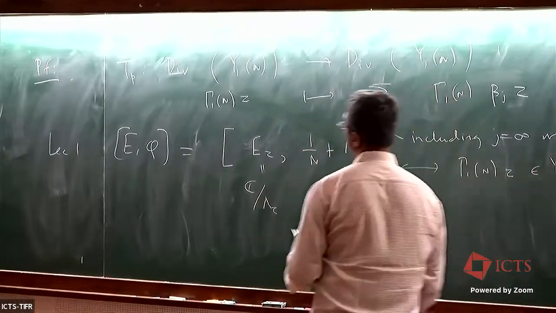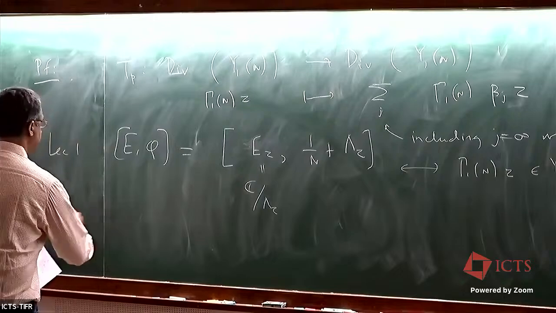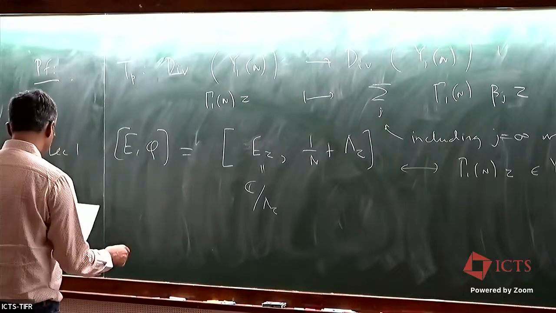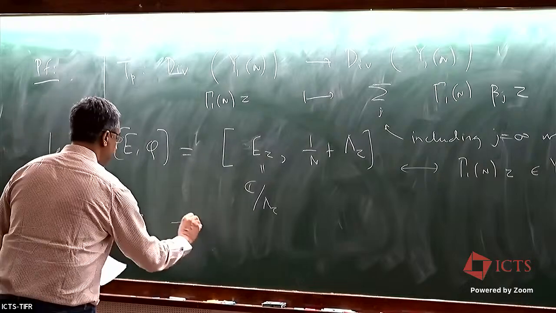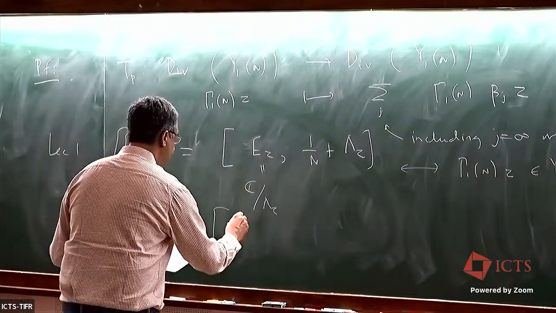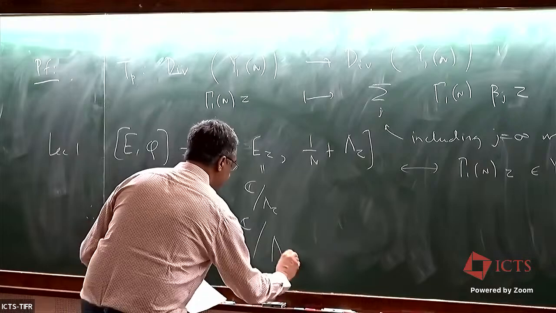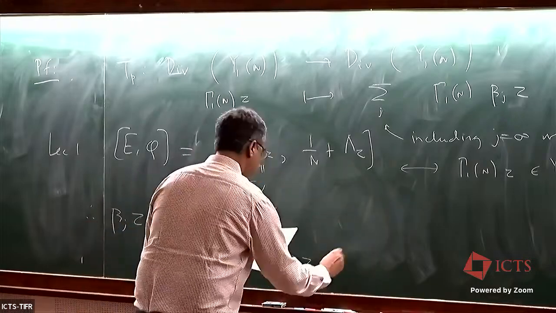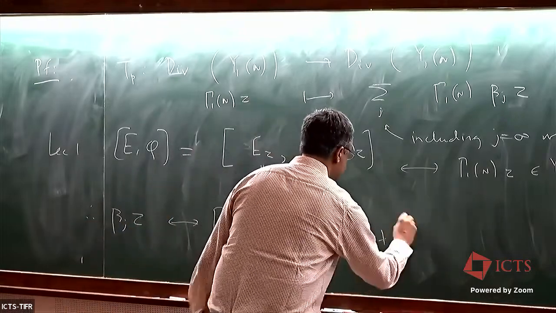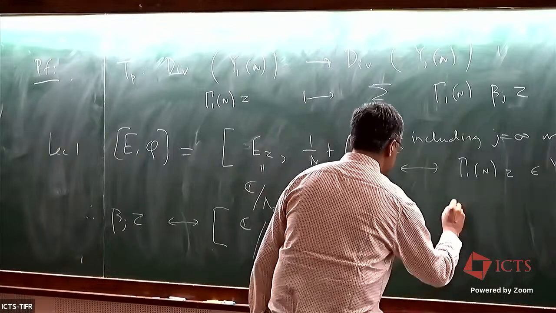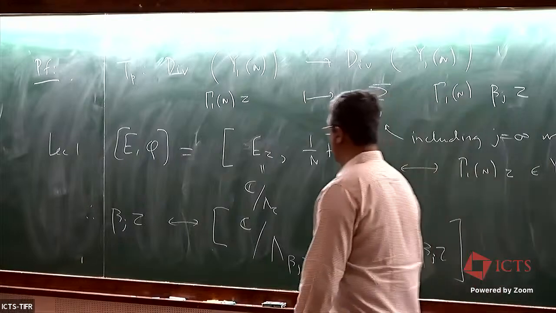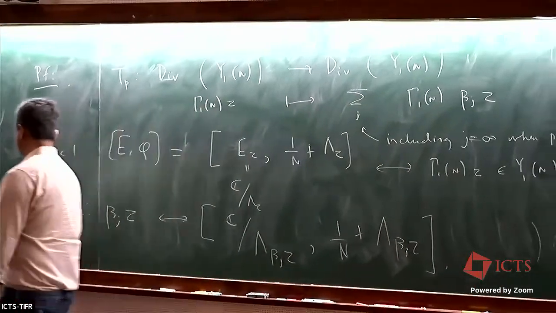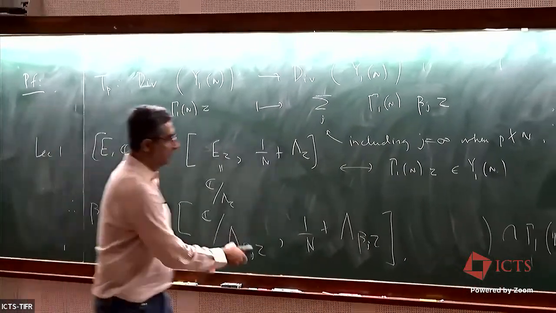Similarly, beta_j tau. Therefore, let me flip the order. This corresponds to C mod lambda beta_j tau, and then 1 over n plus lambda beta_j tau. So we need to understand this.